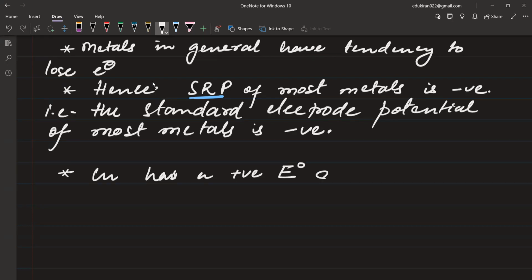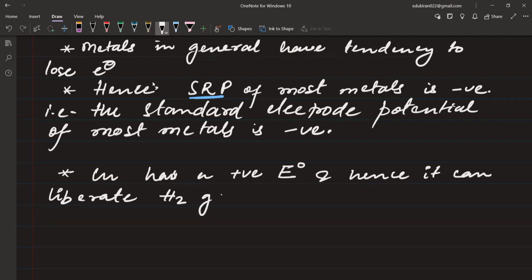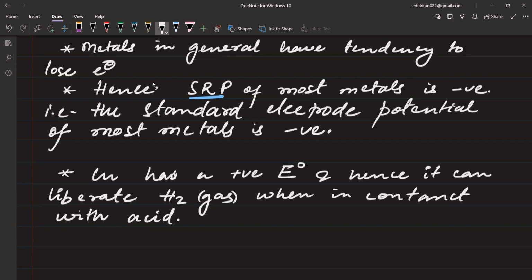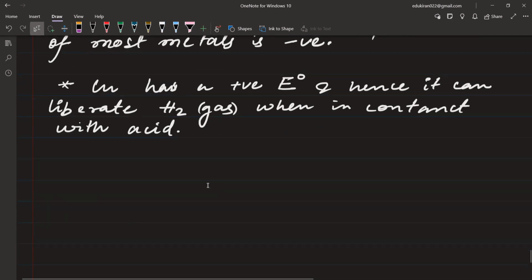Positive, and hence it can liberate H2 gas when in contact with acid. Okay, we also studied this point in electrochemistry, right? The chapa elements will have positive, and that is why they can liberate H2 gas when they come into contact with an acid. Okay.